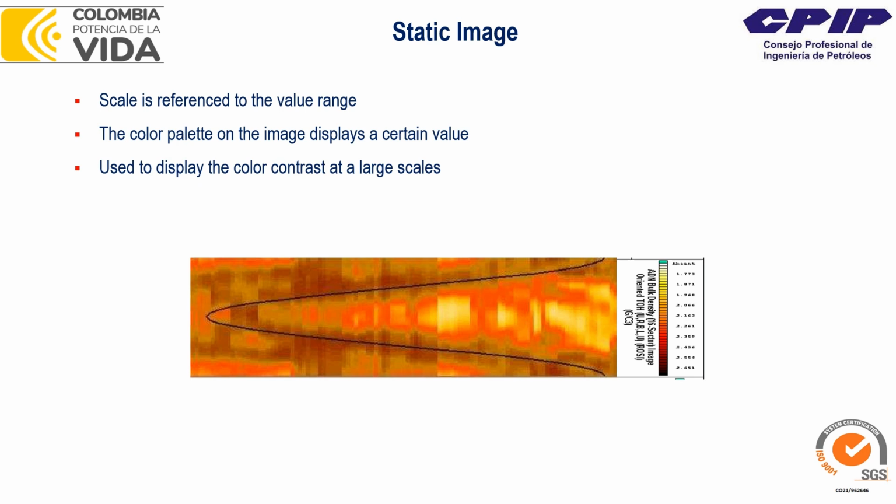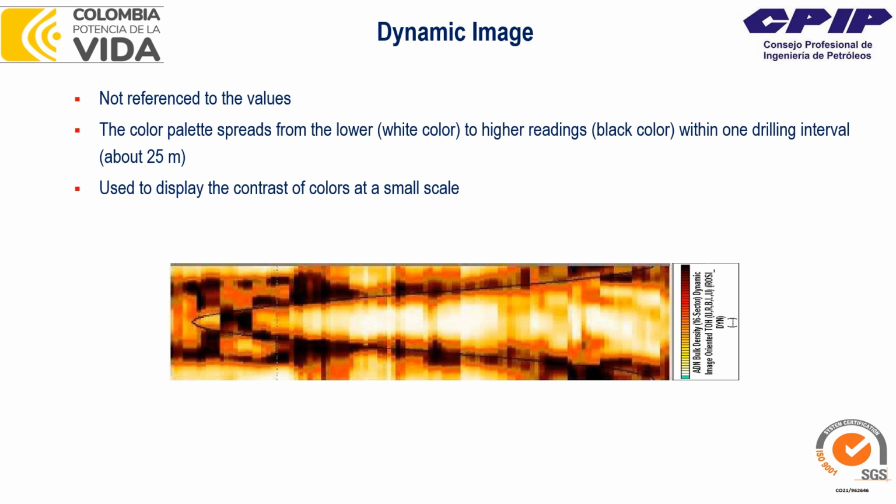The second type of scale is called dynamic image, like you see here. We would need a dynamic image scale if the changes are so small, because sometimes the change is so small you don't even see the bed boundary or the fracture. In this case, you can apply the dynamic scale, and it will automatically adjust the scale based on the interval.